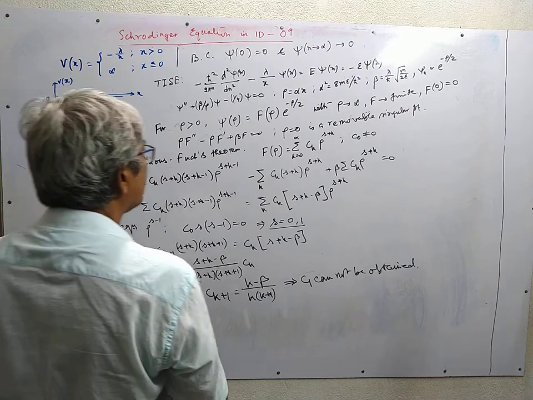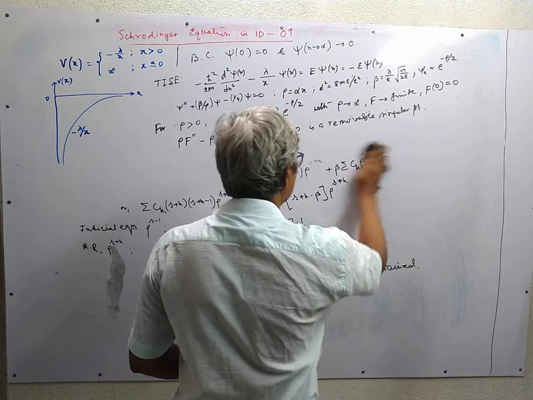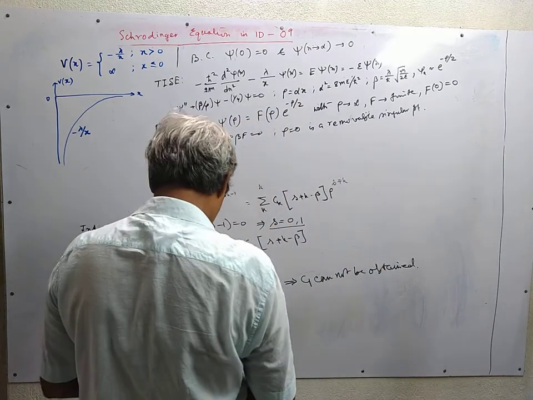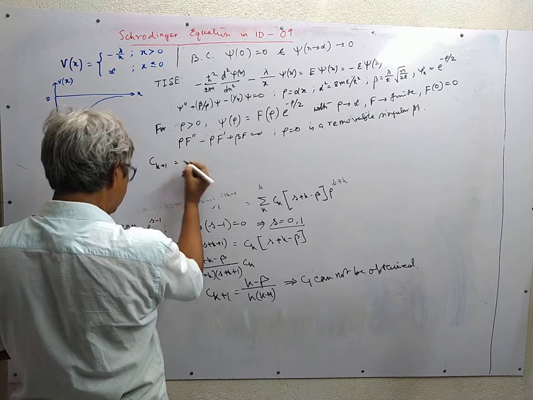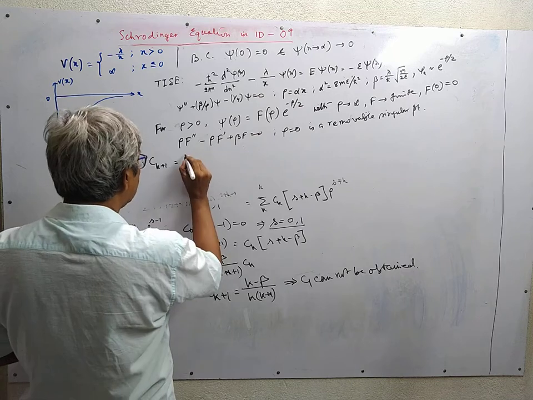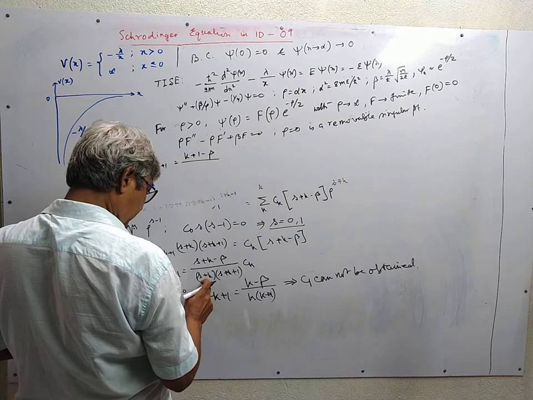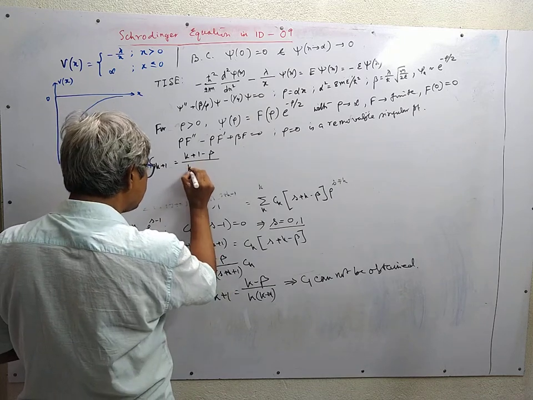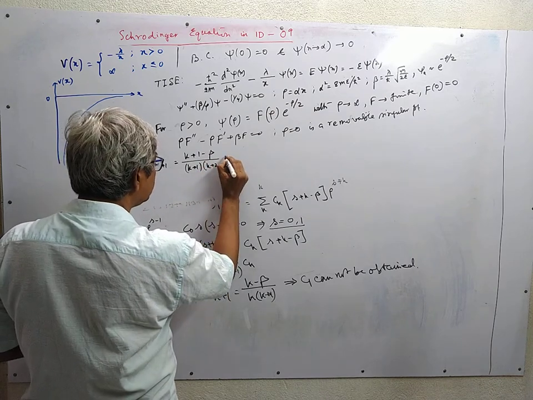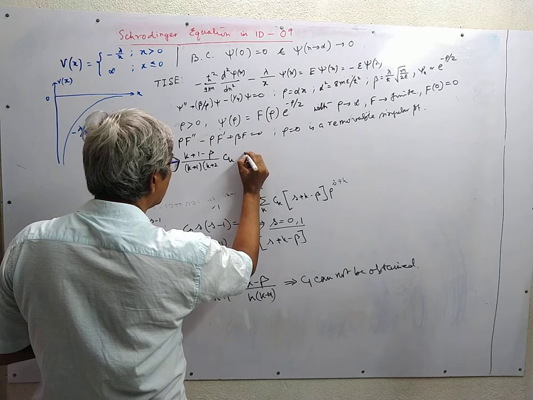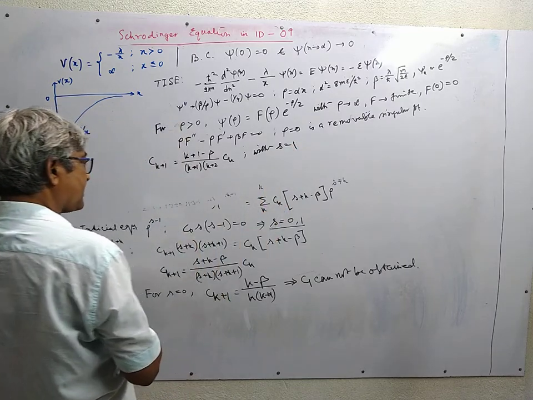So again, the conclusion is that ck plus 1 is equal to, s is 1, so k plus 1 minus beta by, in the denominator it is k plus 1 times k plus 2, ck, with s is equal to 1.